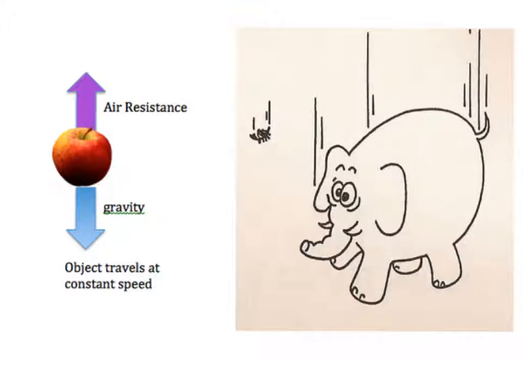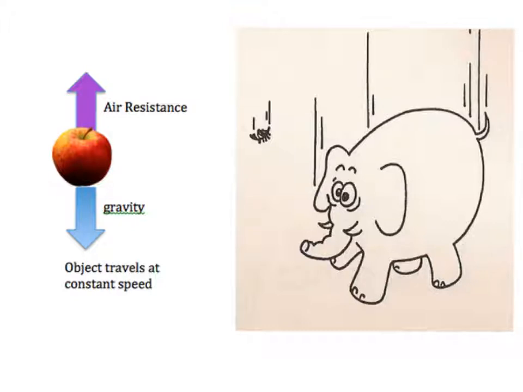It also depends on properties of the air. There are other components that affect air resistance: the amount of moisture in the air, amount of water molecules present, the density of the air itself, how many molecules are in the air. All of those will definitely affect air resistance.